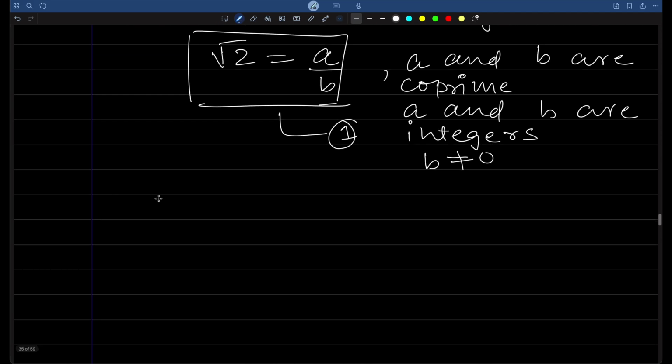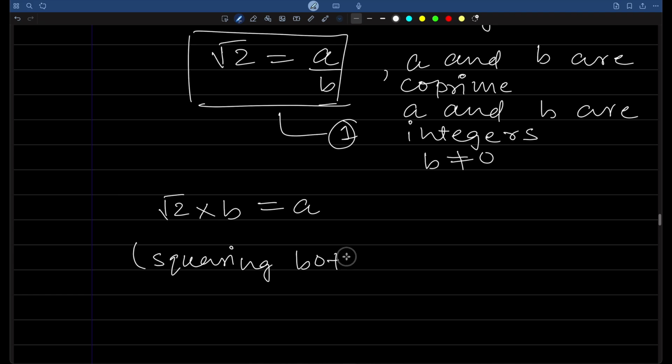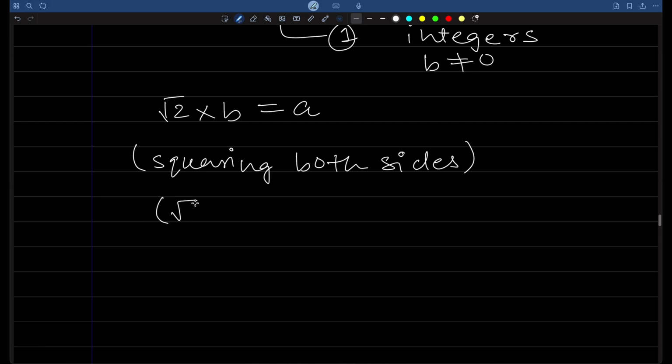Now I send b to the numerator. I will get root 2 into b equals a. Now squaring both sides, I will get root 2 into b whole square equals a square.